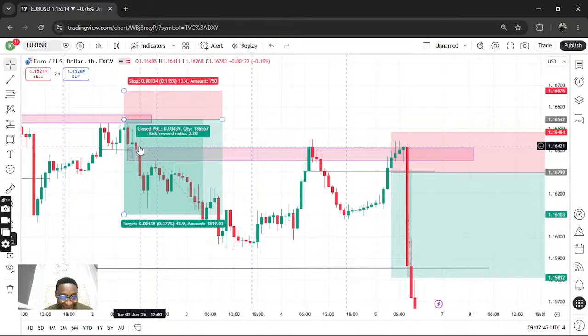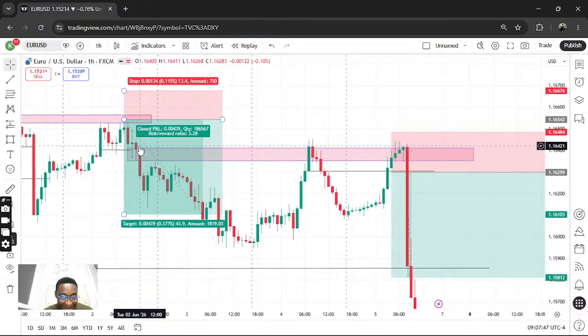It is respecting this particular order block that you see here, because when the market traded up to this point, it got rejected and then tried to push up again and got rejected again, and the bears were able to control the market. So what happened? It sold. Now, it traded into this particular order block and stopped.